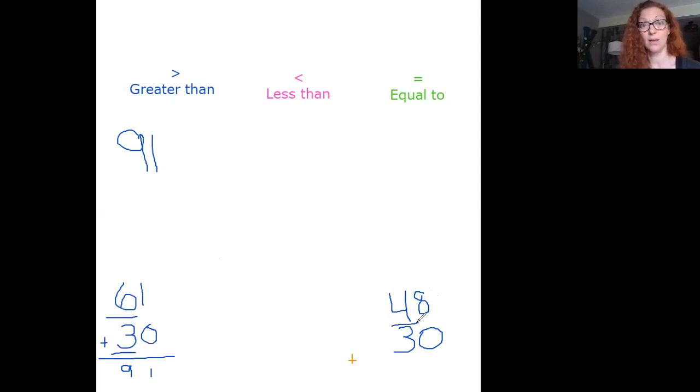I have a 4 and I have a 3. Okay, so we want to add them together because it says plus over here. So 4 tens plus 3 tens is 7. 7 tens. Nice job. And how many 1s do we still have? 8, because we did not change the 8s. All right, so that's our number.